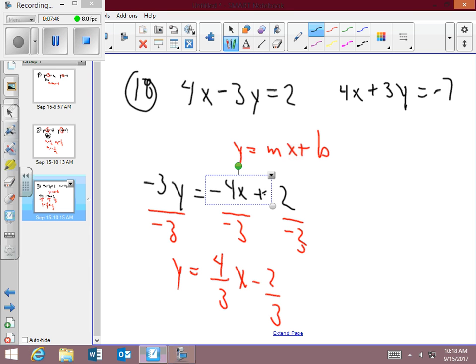Now, this equation, to get it in line as our next question, what would you do first? Okay, subtract the 4x from both sides. So we would have 3y equals a negative 4x minus 7. Did I do it right? That's right, isn't it? Okay, so now what? Okay, divide every term by 3.